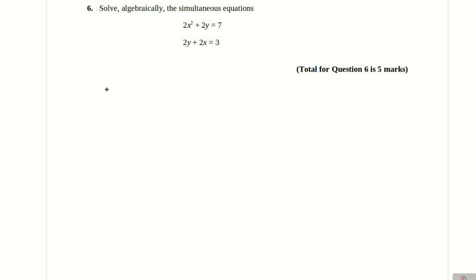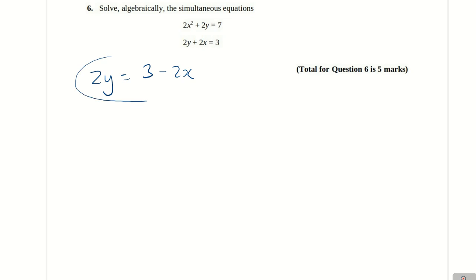Now, the way we do it is we look at the second equation, and if we rearrange that, then we're going to have 2y equals 3 minus 2x.